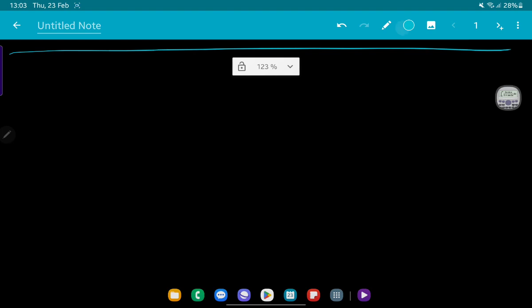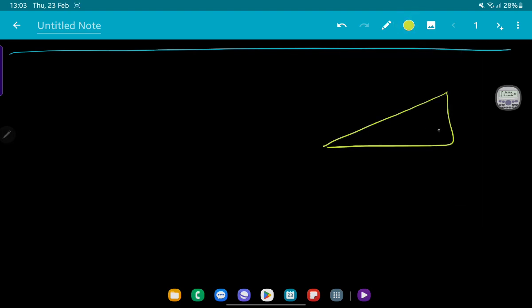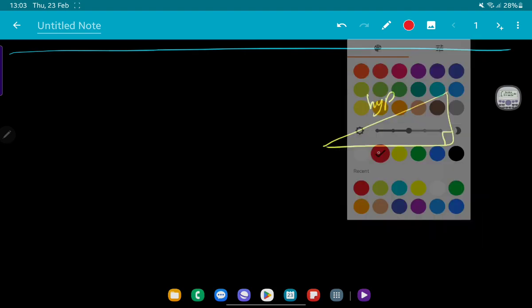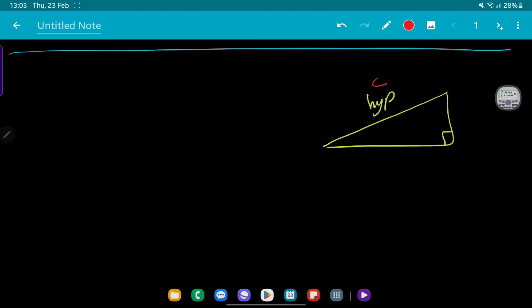We can say that the side which is opposite to the 90 is always the hypotenuse. So if this is C, now C is the hypotenuse. What about A and B, the two legs of the right triangle?